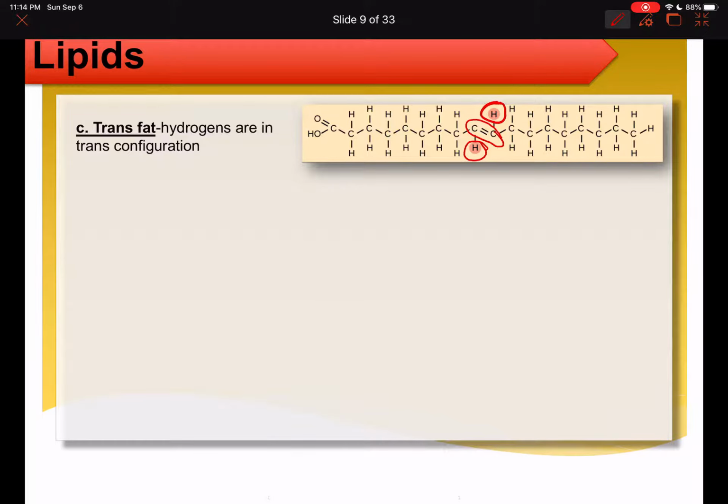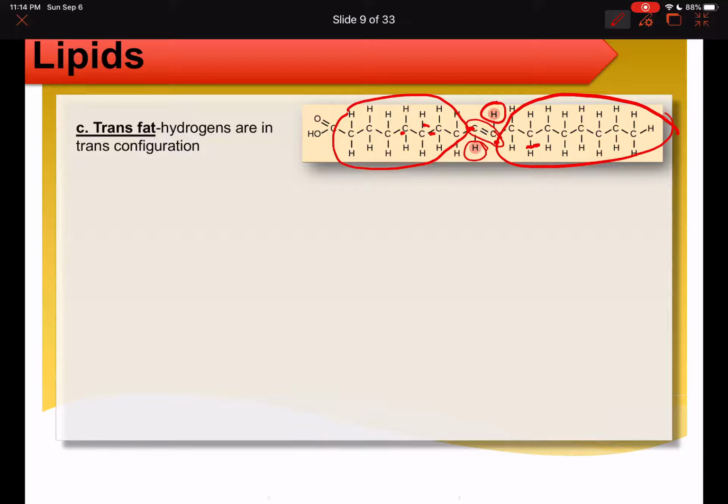And because now you have this big bulky hydrocarbon group and this hydrocarbon group on opposite sides of the carbon double bond, you don't need to have that bend, because we're not three-dimensionally making room for the bulky group.